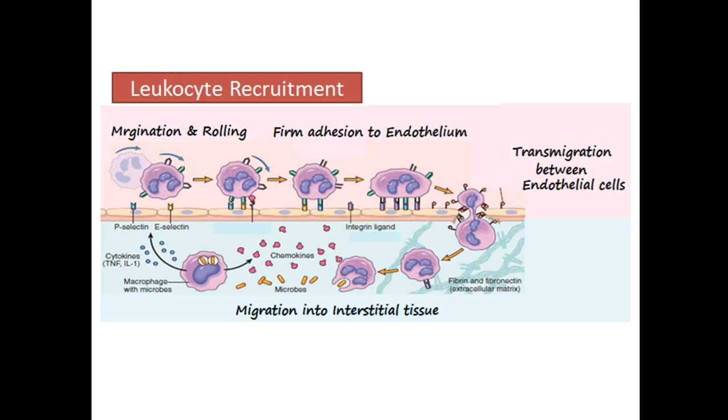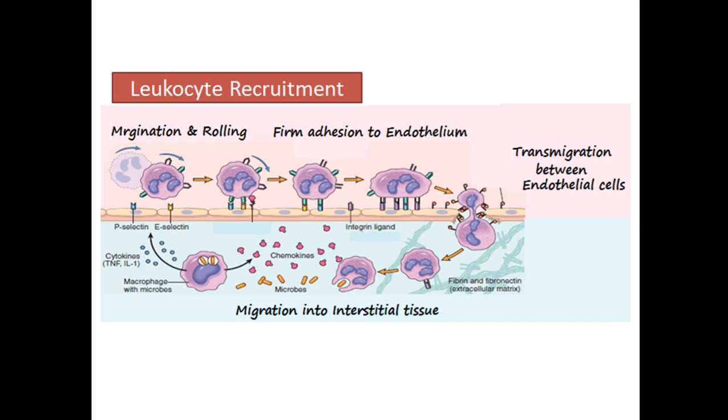Now once the leukocytes are outside the blood vessel in the area of the tissue injury, the inflammatory cells in that area release certain cytokines known as the chemokines, that we will discuss in detail later during the inflammatory mediators, and the same are produced by certain microorganisms, and they act like a magnet.